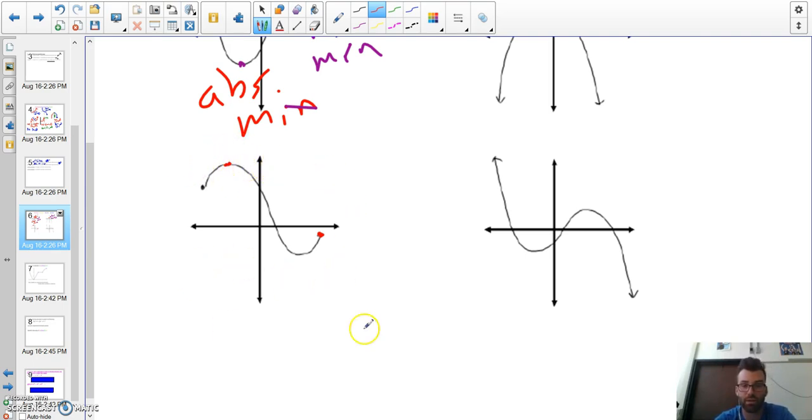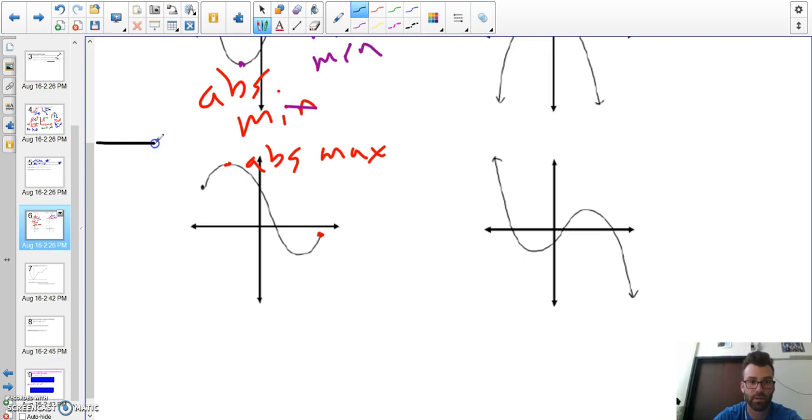Looking at our function as a whole, this is the highest possible point on our graph, so this is an absolute max. This bottom point would then be considered a relative max.